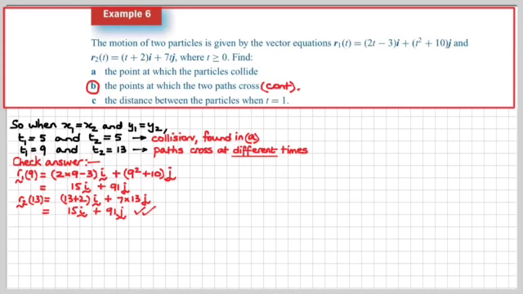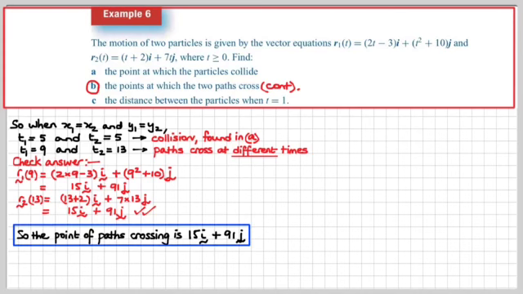Oh yes, 15i plus 91j. We got it. Therefore, the point of the paths crossing, not at the same time, is 15i plus 91j. The first one got there at 9 seconds, and the second particle got there at 13 seconds.